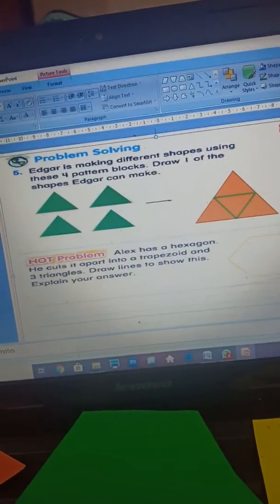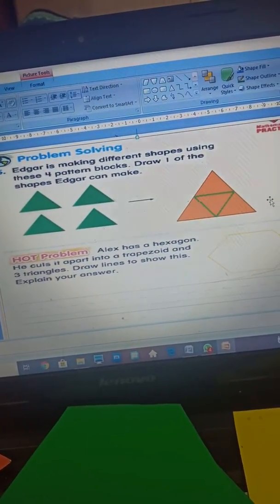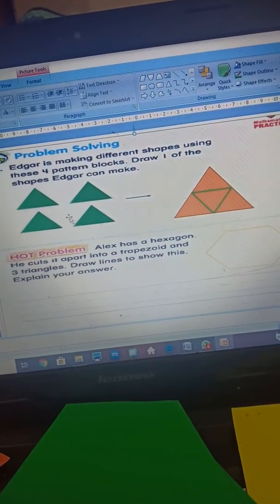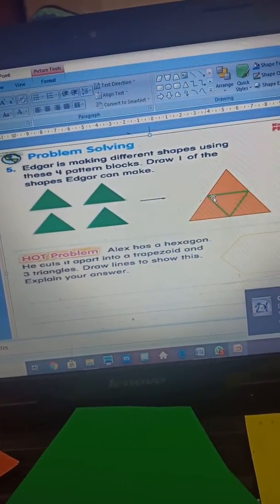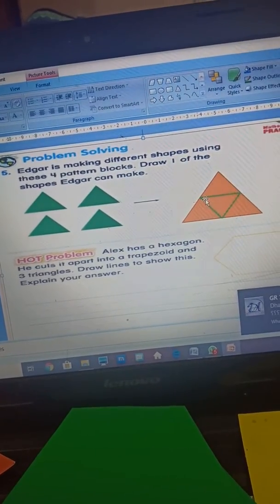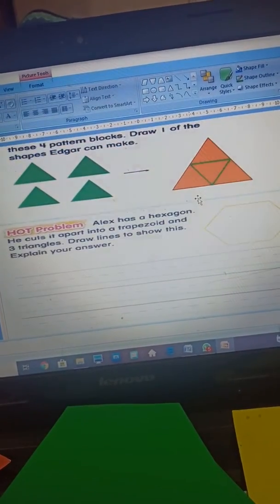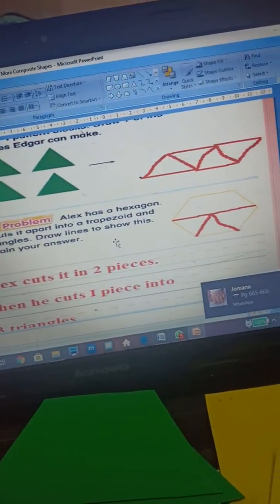I hope the lesson is clear to you. So we can make a composite shape and make it into another composite shape. For today's homework, it can be like this one, no problem.